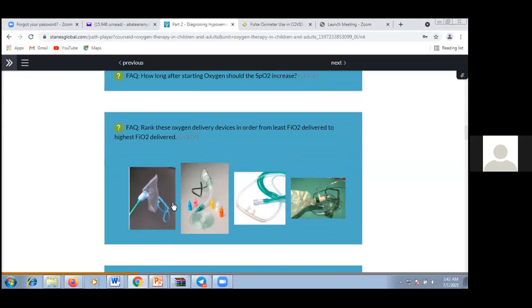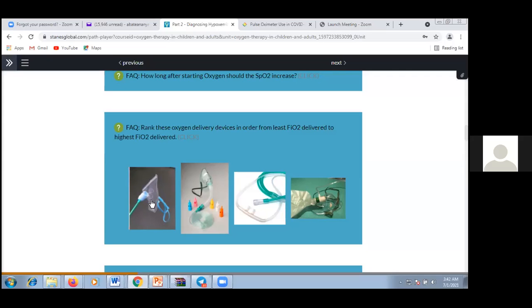FiO2 is the fraction of inspired oxygen, that means the concentration of oxygen in the air being delivered by these devices from our oxygen source. It could be a cylinder or an oxygen concentrator. So please rank among these oxygen delivery devices.